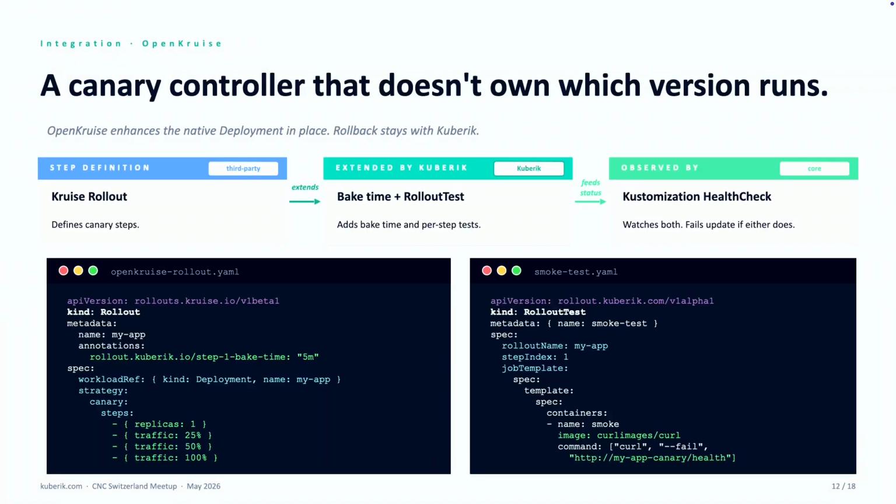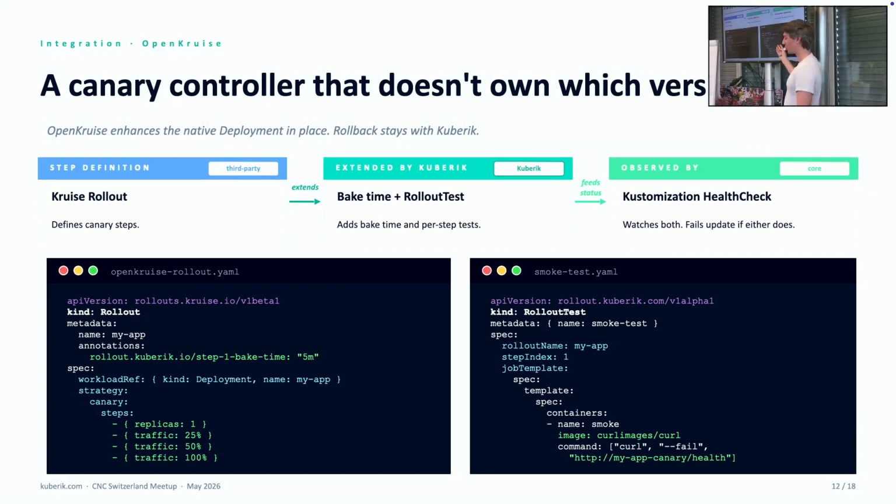Then what I was mentioning before, we also model canaries with this. We use a specific canary controller from OpenKruise that doesn't implement rollback functionality. And that's really important because if you're in an incident, you don't want your canary controller to roll something back because it doesn't know why you upgraded the version.